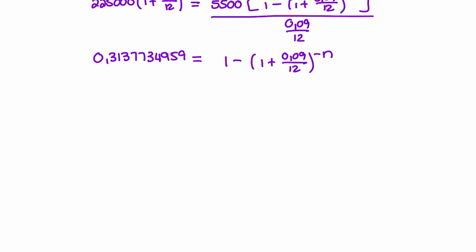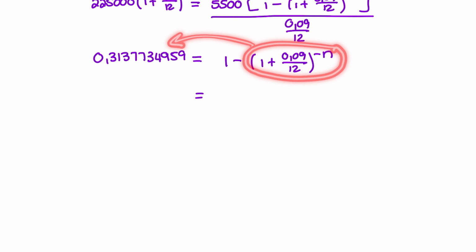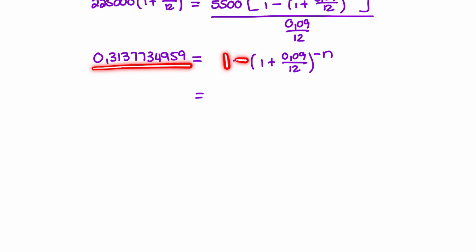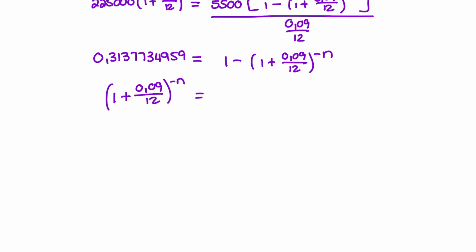Next, what I would do is I would move this little section in our right-hand side to the left, and I'll say 1 minus the decimal value. So on the left I'll have 1 plus 0.09 over 12 in brackets raised to the power of negative n.